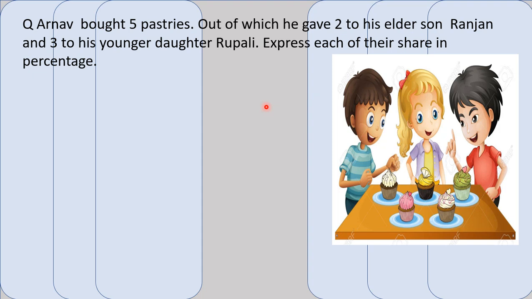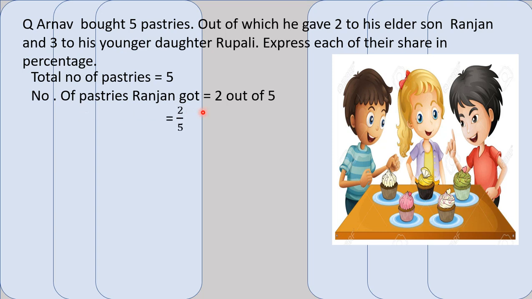So in the previous slides we compared by the ratio and by the unitary method, and now we are comparing the two children using the percentage. So here Arnav bought 5 pastries, so the total number of pastries is 5.